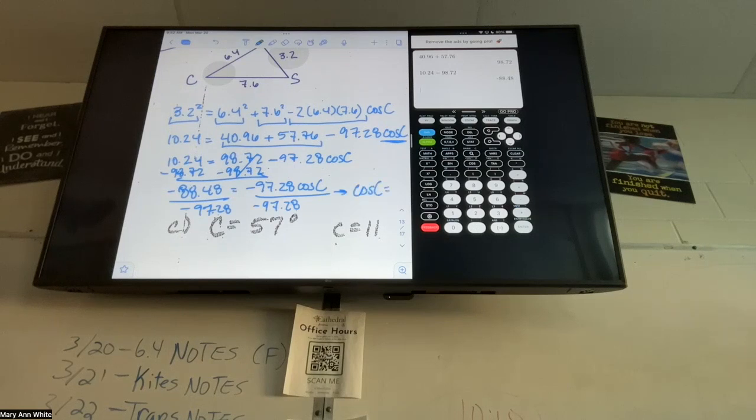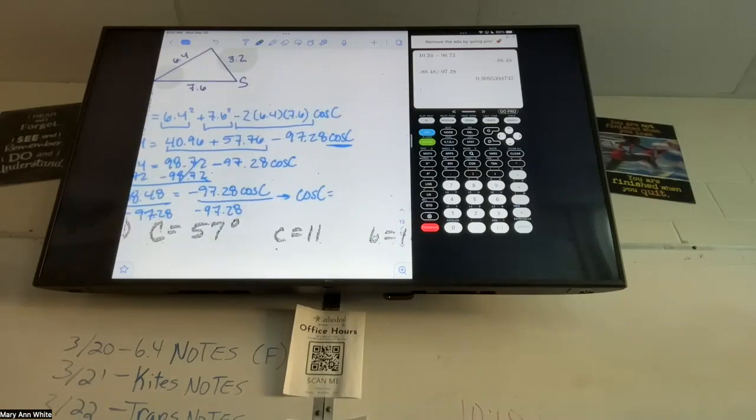So I'm going to do negative 88.48 divided by negative 97.28. And that gives me 0.9095. And that's not my answer because that's what cosine of C equals. So now we need to do inverse cosine on both sides.